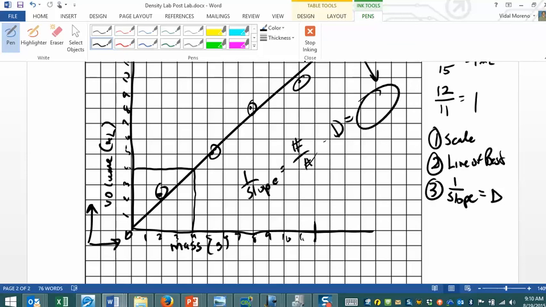Yes? See if temperature affects volume. See if you do this with a different material.